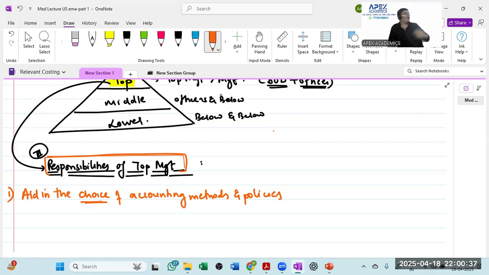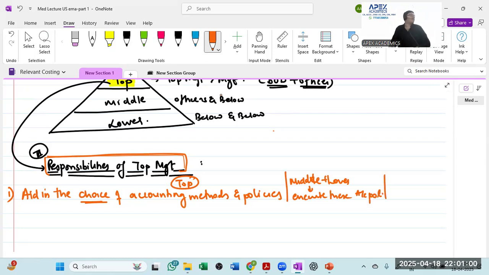What will the middle and lower management do? They will execute the accounting policies. So what will the top management do? Sir, the top will aid in this. And sir, what will the middle plus lower do? They will execute these accounting policies.